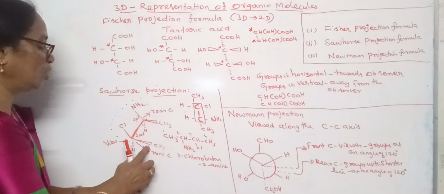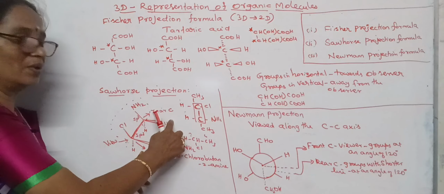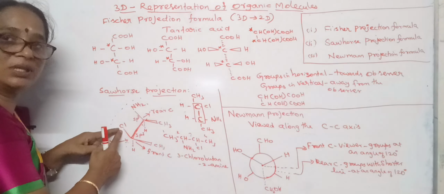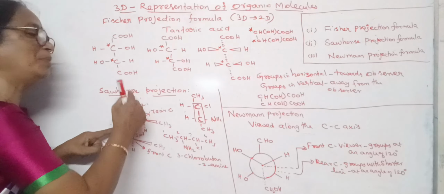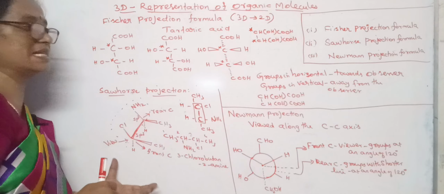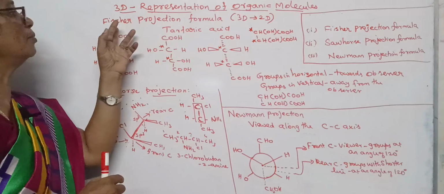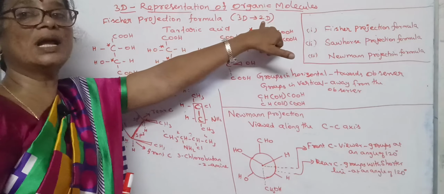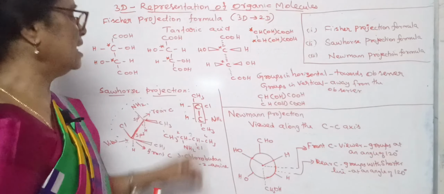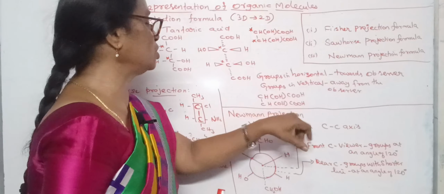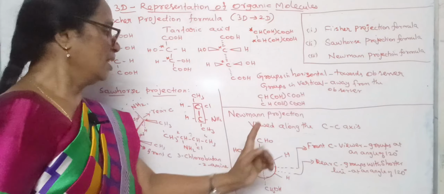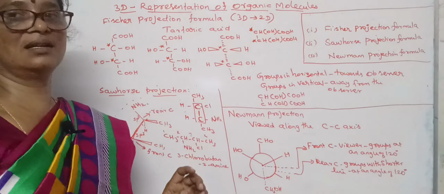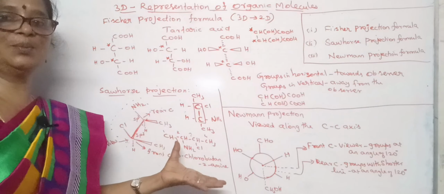See, with respect to methyl, the other methyl; and with respect to chlorine, the NH2 group is also lying on a plane. In such a way you can't explain with the Fischer projection formula, because it is represented in a two-dimensional way. The next one is the Newman projection formula. Newman and Sawhorse are represented in a similar pattern.